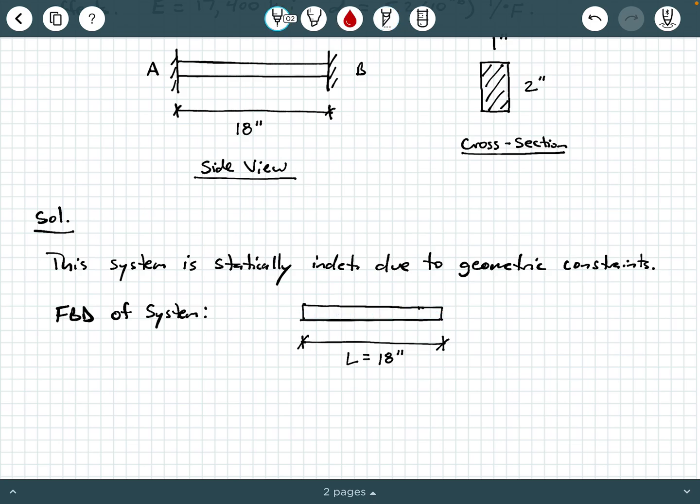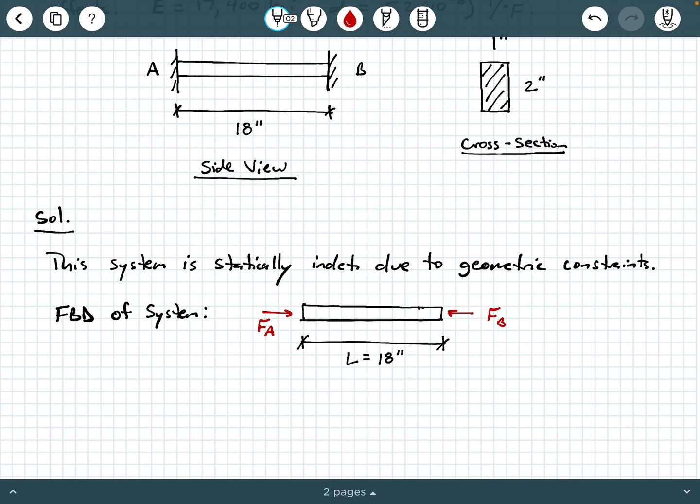So I'm going to assume that I'm going to have an FA pointing to the right here, and I'm going to have an FB pointing to the left here. Now, assuming a compressive reaction effect is a very reasonable assumption here, because if you think about the behavior of the material, whenever we have an increase in temperature, in this case of 55 degrees Fahrenheit, this material, the titanium alloy, is going to want to expand.